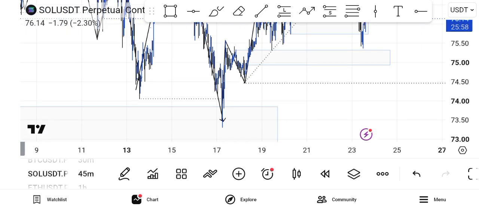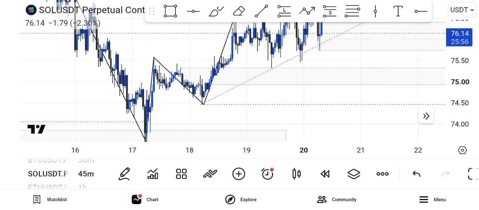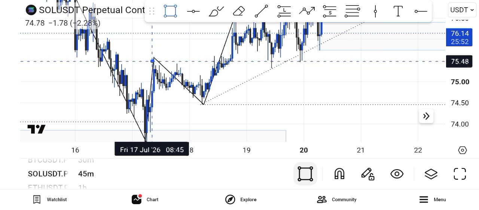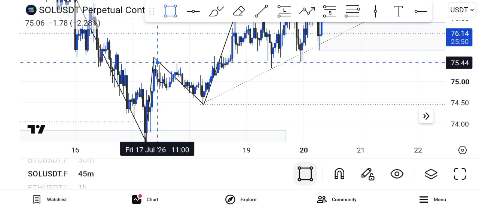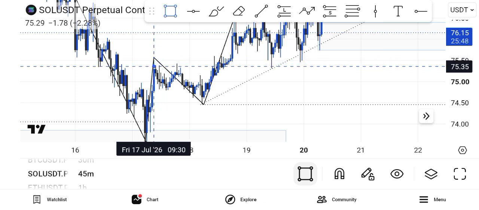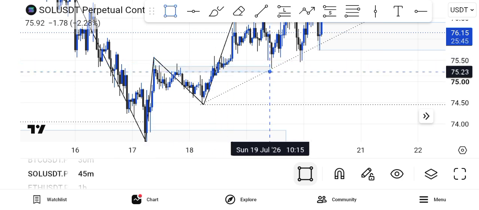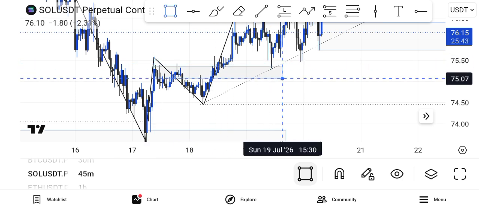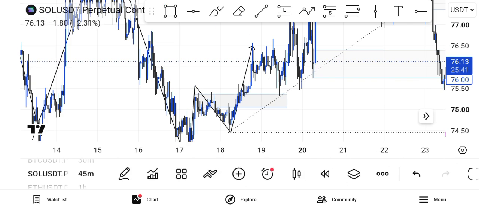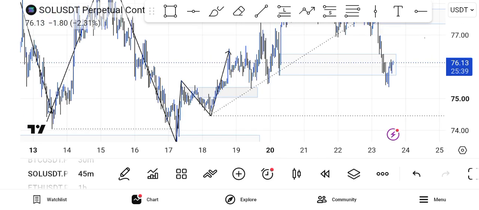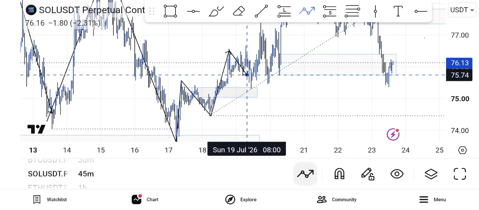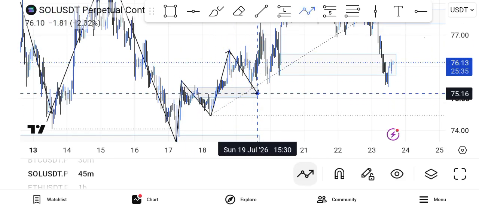Now for this to continue, we have a mitigation block here, and that's where this block comes about. All of the block which we have in this point here, this is where this block comes about. We're going to see it on a better time frame, and the price just started to go down and continue going up from there.